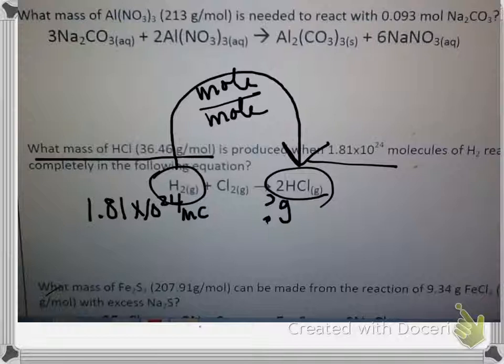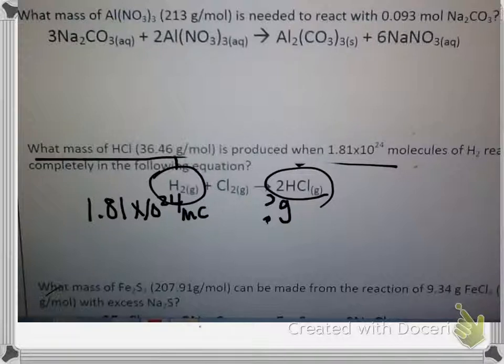Okay? So let's go back and let's see what else we're given. Because there was another number given that I didn't put in here. It was in parentheses. See this number here? 36.46 grams per mole. It said, what mass of HCl, parentheses, 36.46 grams per mole, that is the molar mass. Grams per mole is always the molar mass. So that's the molar mass of our HCl.